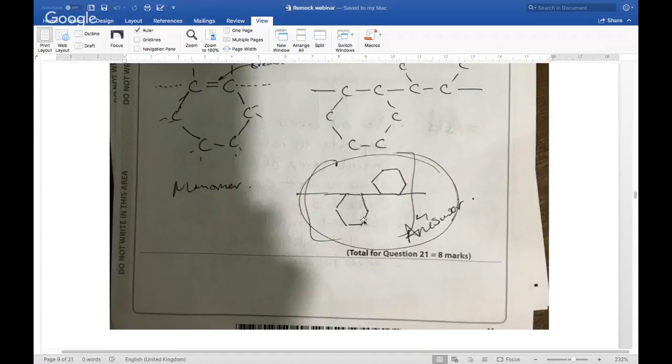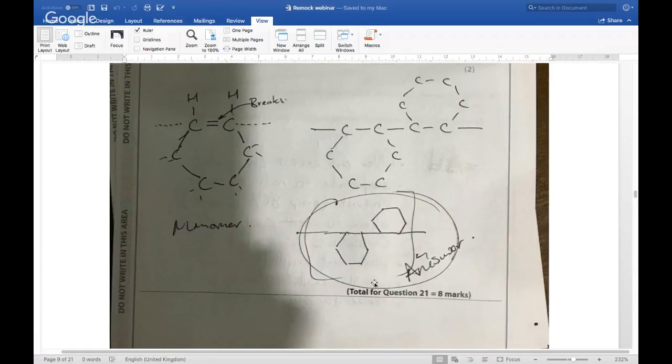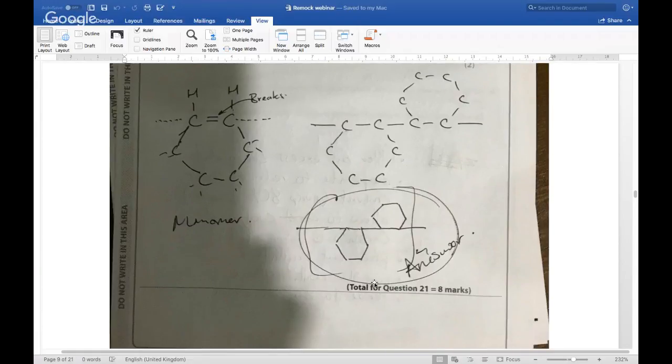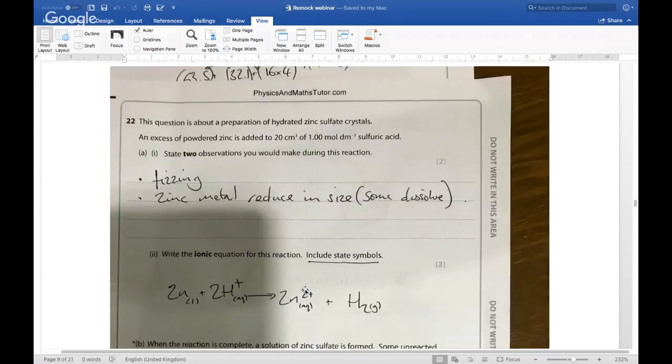That was tricky. Square brackets n. So this was your monomer. Double bond breaks open and they string together. That's the string. And then converted into skeletal and you're done. Not easy. But don't let cyclics freak you out. They do the same thing everything else does. Don't let it bother you.